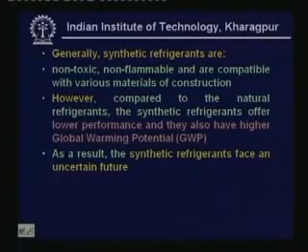In addition, they possess high global warming potential. As a result, all the synthetic refrigerants face an uncertain future. Even though right now there is no ban on them, we really do not know. In future they may be banned or phased out.